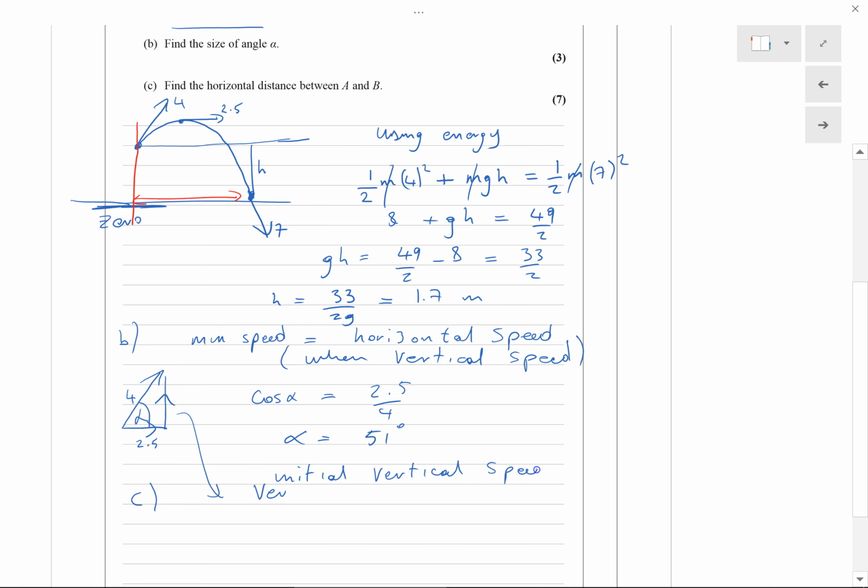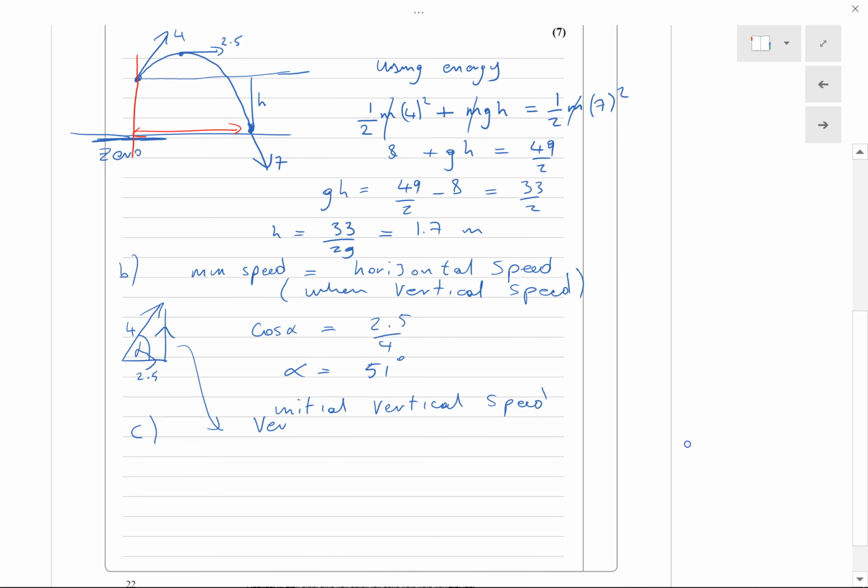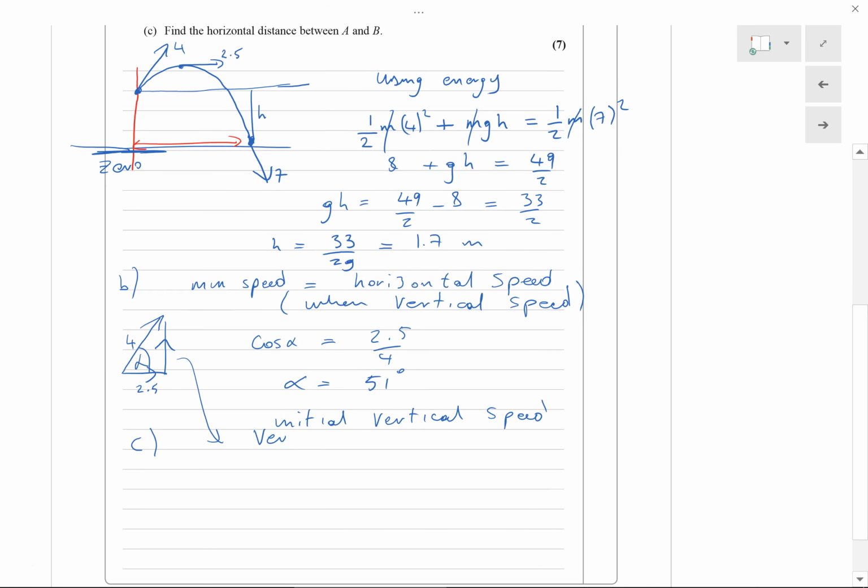And that will be useful because we can then start applying some appropriate SUVAT equation, but we need the vertical speed in order to do that. So vertical speed is equal to, using Pythagoras, 4 squared minus 2.5 squared.